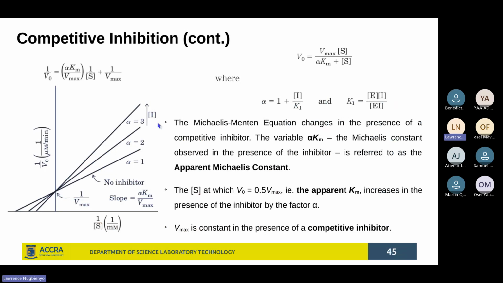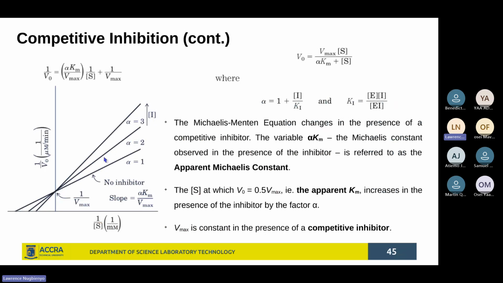What you notice here is that you have I, the inhibitor, and the arrow is pointing upwards, showing an increase in concentration of the inhibitor. And when you increase the concentration of the inhibitor, you see that the straight lines shift upwards.